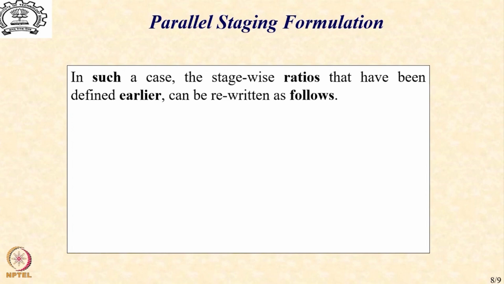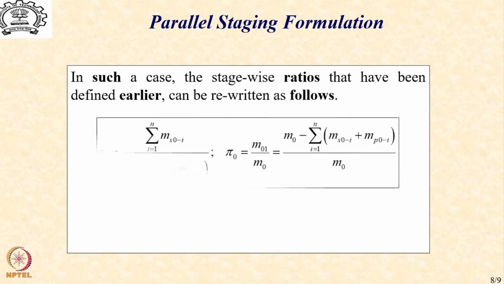So these ratios, in the context of many rockets firing together, can be rewritten as shown below. So the structural ratio of this zeroth single equivalent stage is the ratio of the sum of the structural mass of all the rockets firing together divided by the total mass of all these rockets firing together.